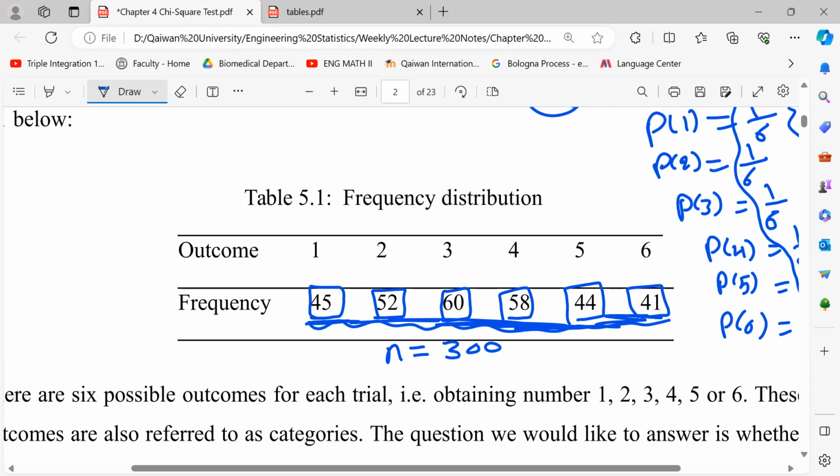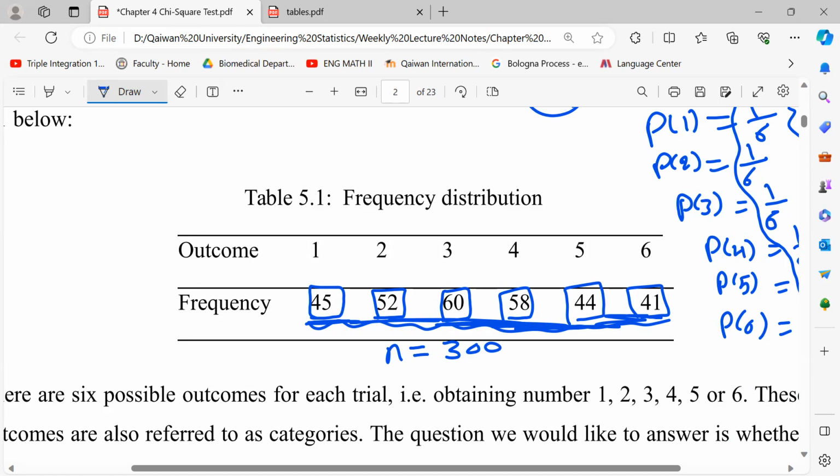N is the sample size, the number of trials. How to find the expected frequency for 1?